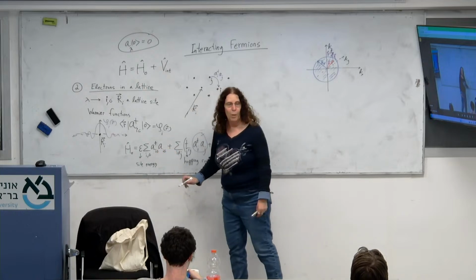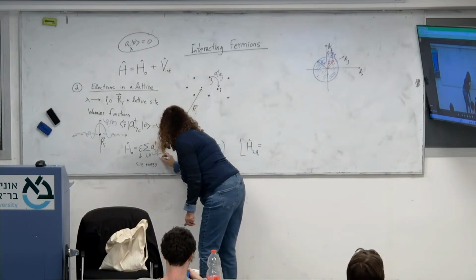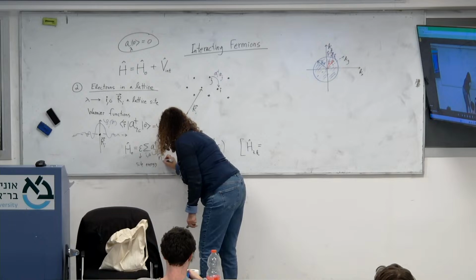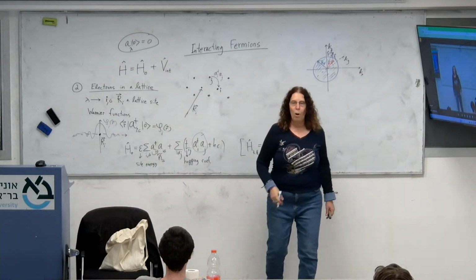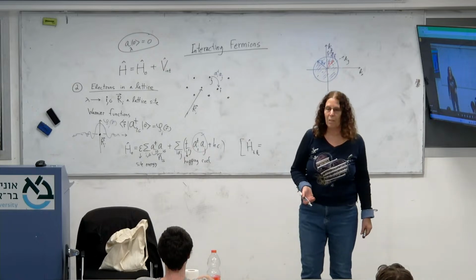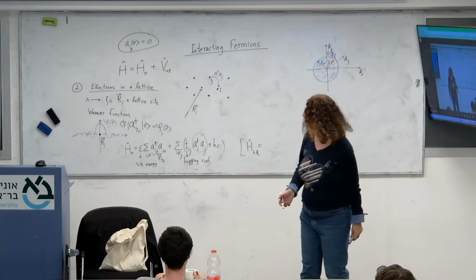It's just the number operator for particles on site i and spin σ. And if you sum over all the i's and all the sigmas, what do you get? Just the total number, right?